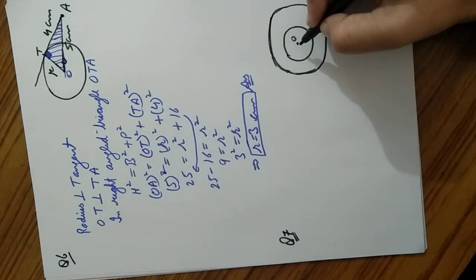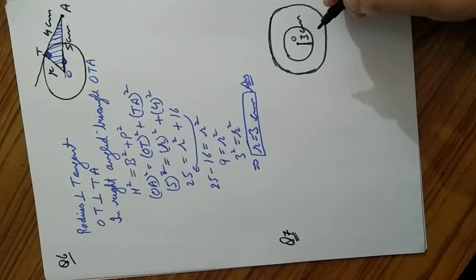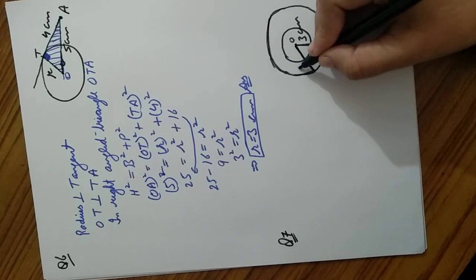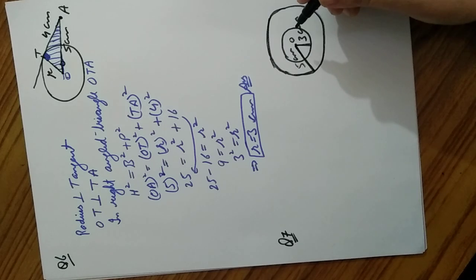This smaller circle is having the radius of 3 centimeter, and suppose this is a larger circle and the larger circle is having the radius 5 centimeter.